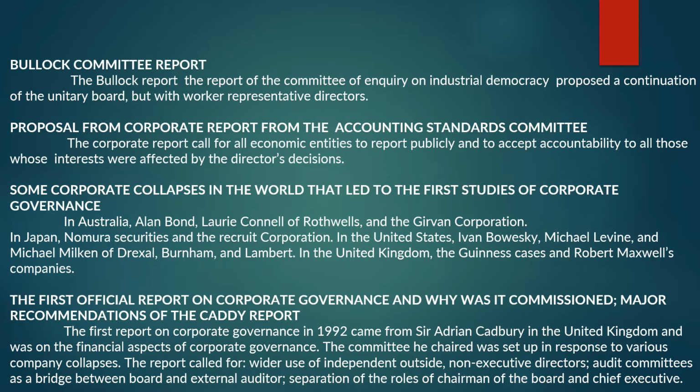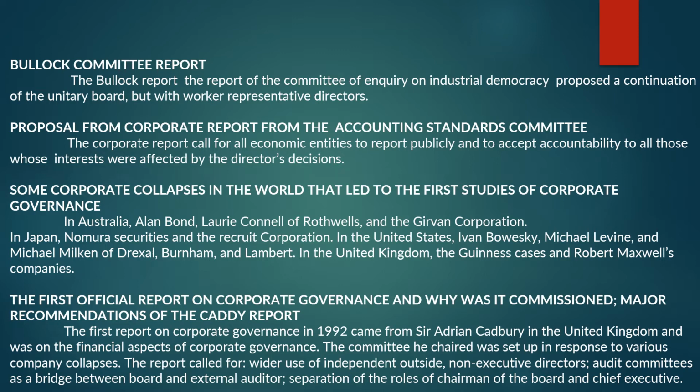Some corporate collapses in the world led to the first studies of corporate governance. In Australia, Alan Bond, Laurie Connell of Westmex, and the Girvan Corporation. In Japan, Nomura Securities and the Recruit Corporation.